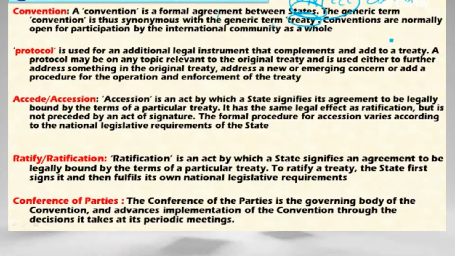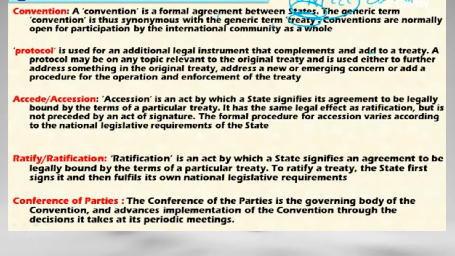Conventions are normally open for participation by the international community as a whole. This includes the countries, NGOs, and multilateral organizations like the United Nations, World Bank, IMF, UNEP, UNDP and so on. These are the communities that take part in the convention.